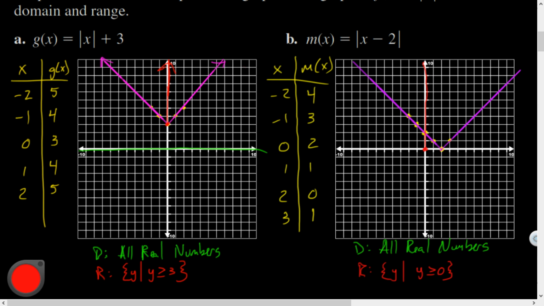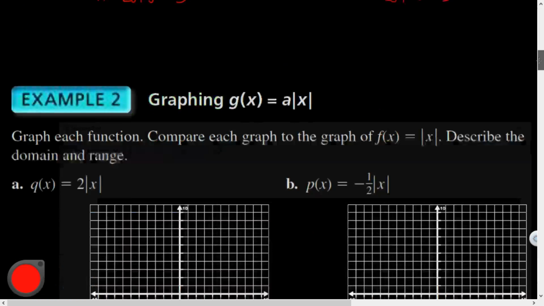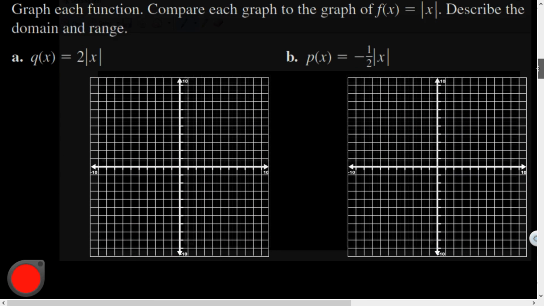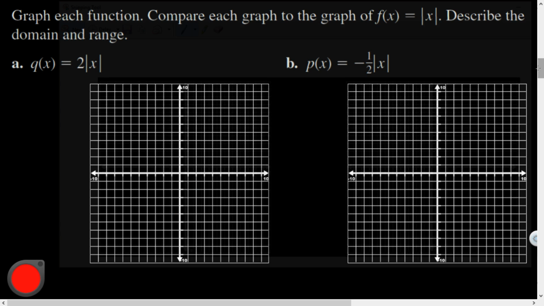I'm gonna transform. It's gonna be amazing. Wow, they jump right in with these transformations though. Okay, maybe that's what we'll do. We'll graph doing transformations on this. I'm expecting this to be a vertical stretch.